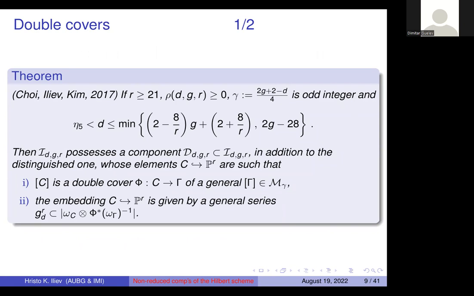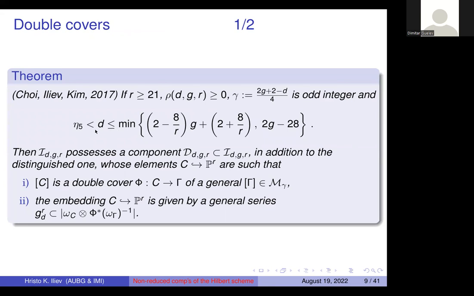joint result on this topic with Youngook Choi and Sang-Mook Kim was published in 2017, and it contains two main claims. So the first claim that we produced back then was about the existence of a component that parameterizes curves that are double covers. And the result sounds like this.